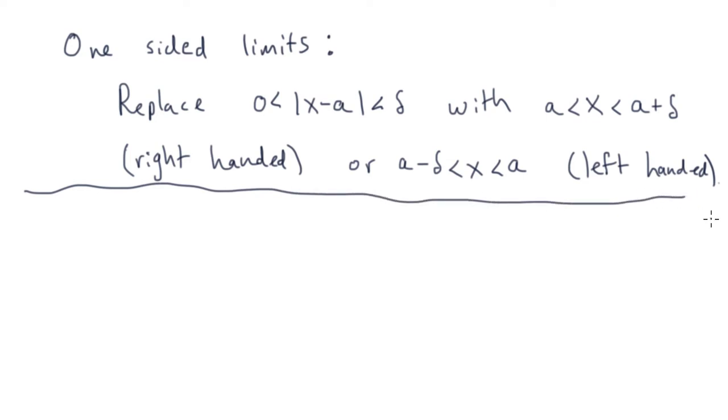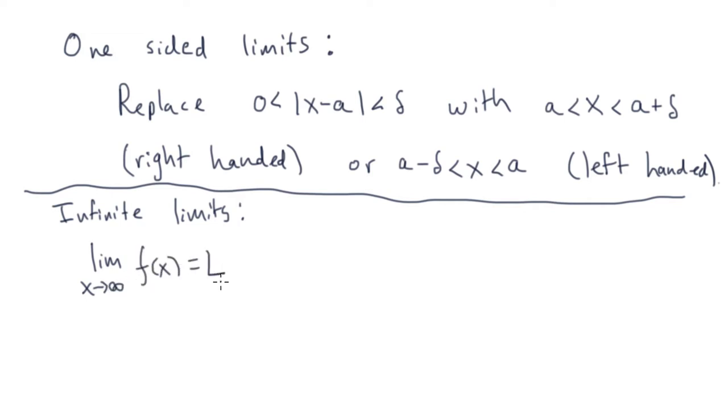So that's all well and good. What about infinite limits? Let's look first at what I'm going to call truly infinite limits. And this is limits as x goes to infinity. So the limit as x goes to infinity of f of x is equal to L. Now it doesn't really make sense to find a delta so that x is within delta of infinity.